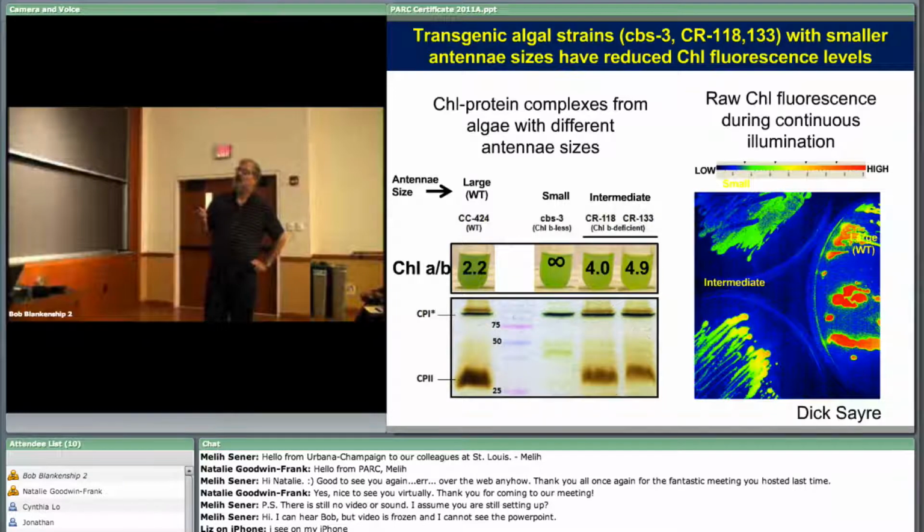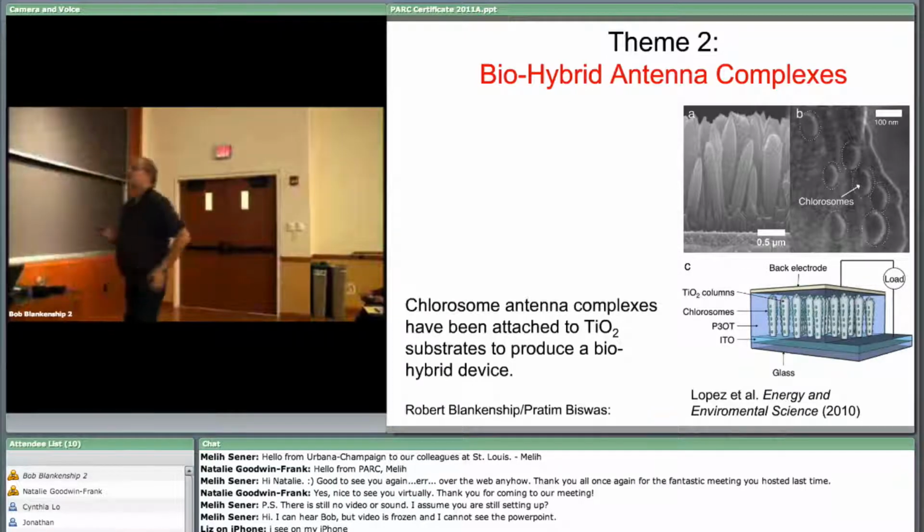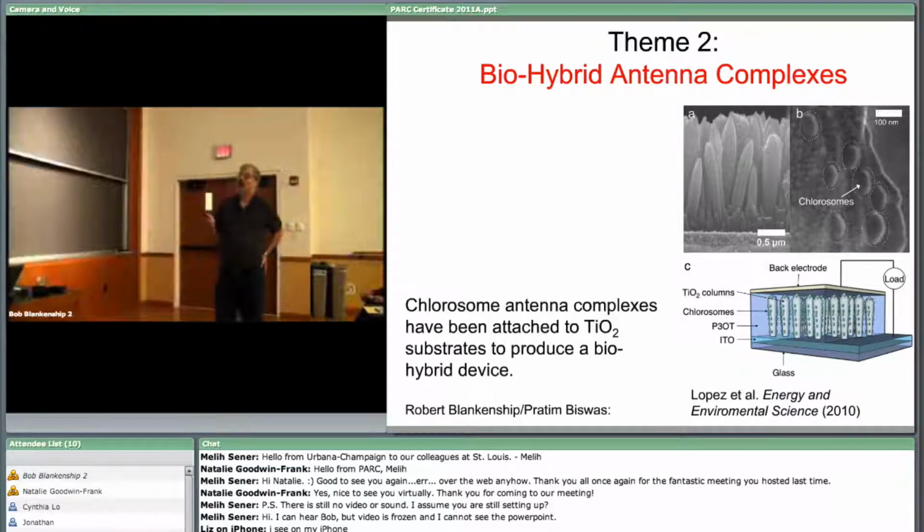Here's one of our Theme 2 projects on the biohybrid antenna complexes. And this is being done, our group in collaboration with Dr. Biswas and EEC. Here the idea is, you see these kind of fingers here.